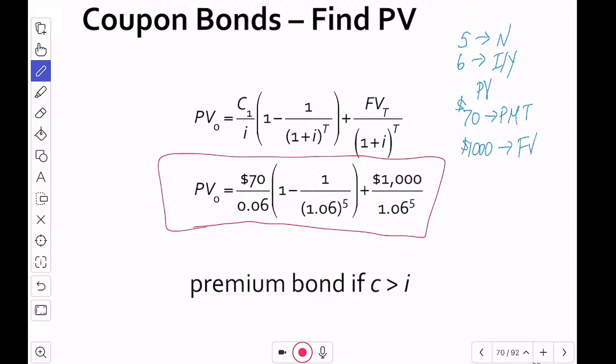So these are to be received, so they're both positives. And when you compute PV, you get the price. Sergio tells us it's 1,042.12.